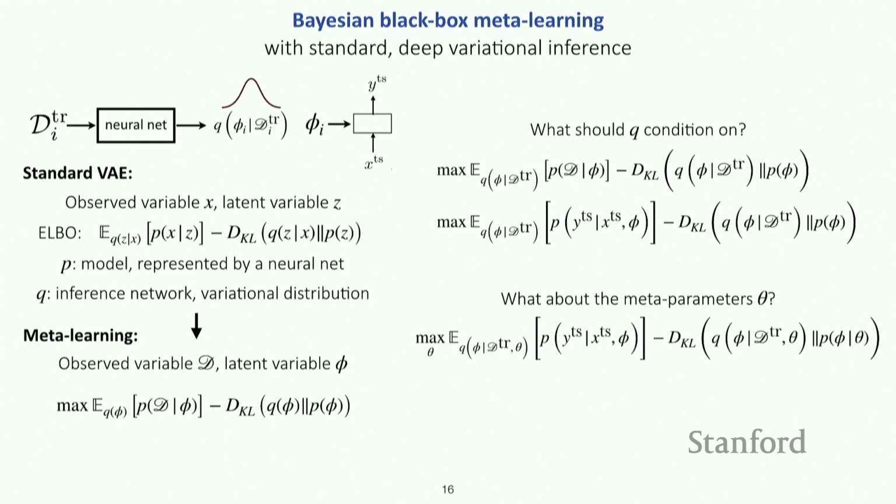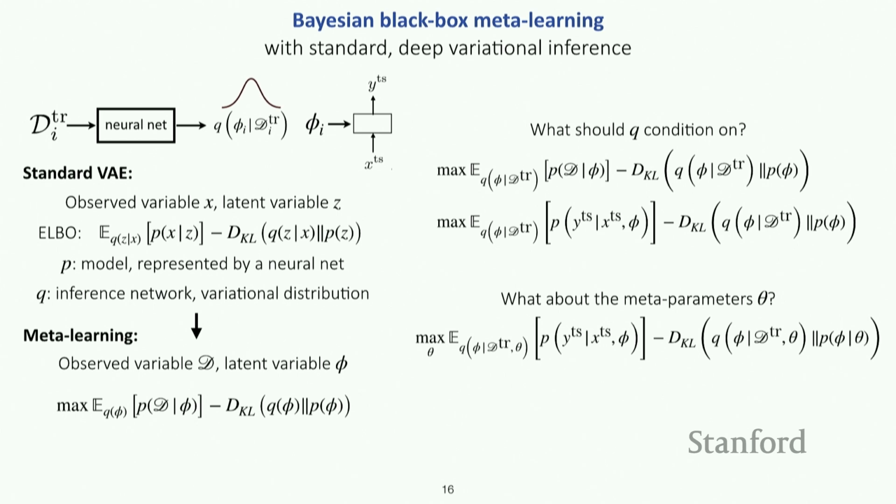You could also have a prior with unit variance or something, but if you condition on theta, you might get a bit more expressive power. We'll also condition our inference network on theta, because theta corresponds to the parameters of our inference network.